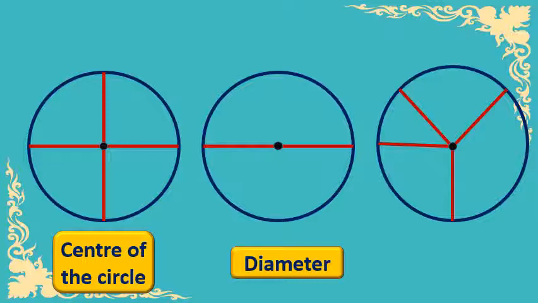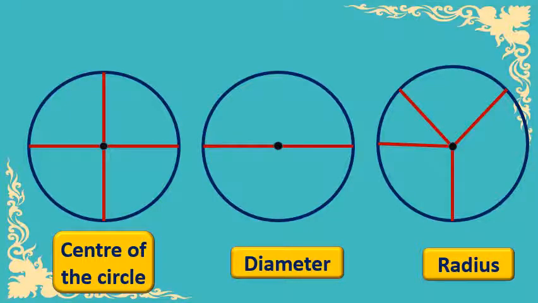A segment or a line which joins the center and a point on the circle is called a radius. Remember, the radius is nothing but a segment that joins the center to a point on the circle.